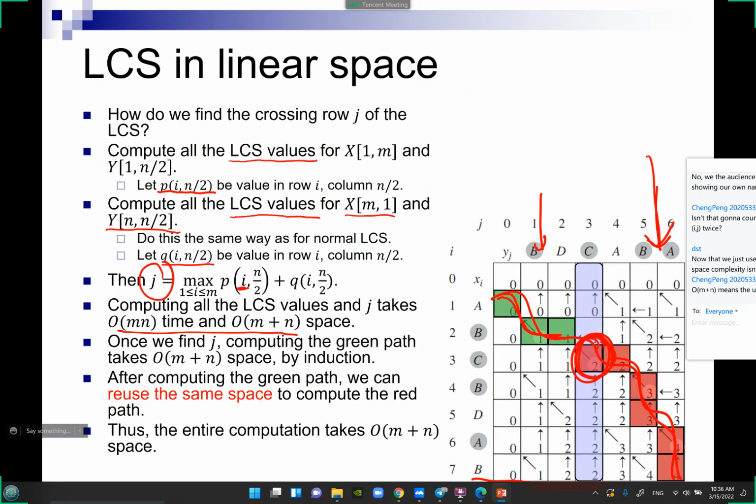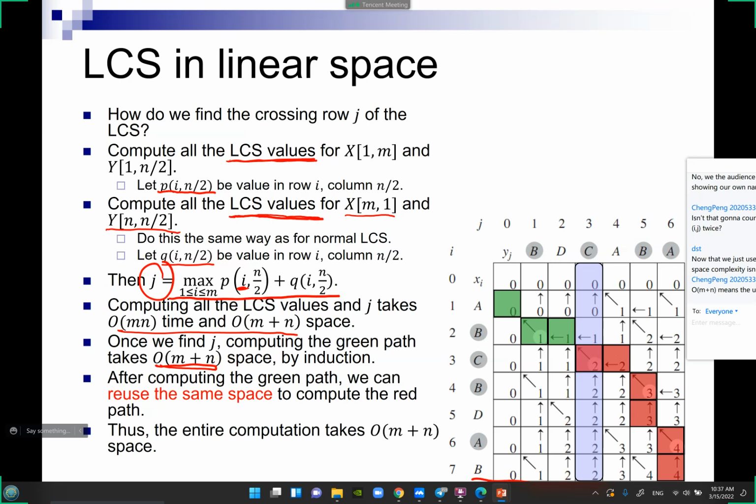Well, the space complexity is because for this computation that we're doing right here, what is the space complexity? Well, we had to compute the first set of LCS values, and that took linear space, right? And computing the second set of LCS values also takes linear space, right? And then you had to go find this J value, and that doesn't take any additional space. So up to now we've only used linear space.